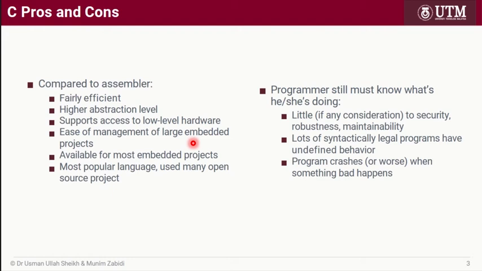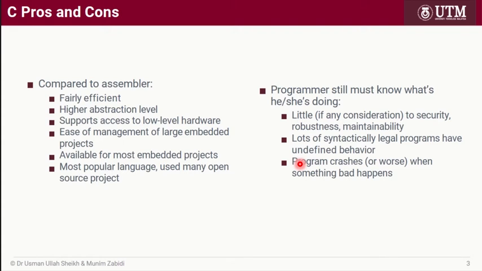First things first, let's look at the pros and cons of using the C language. If I compare the C language to assembler, C is fairly efficient compared to assembly in terms of programming, because C is a high level language. Why? For assembly you need to know the hardware architecture.